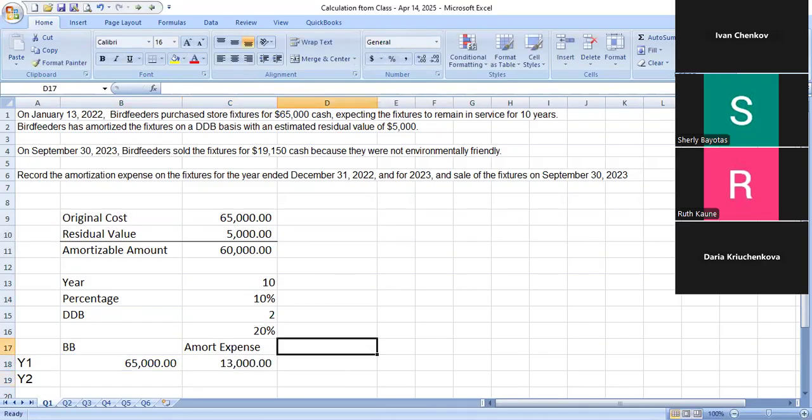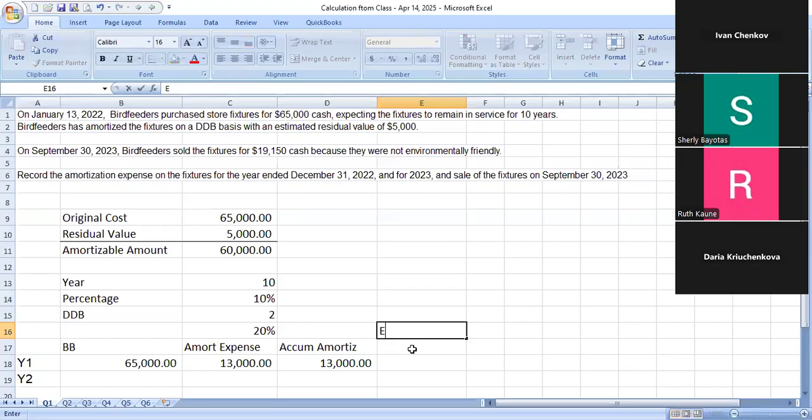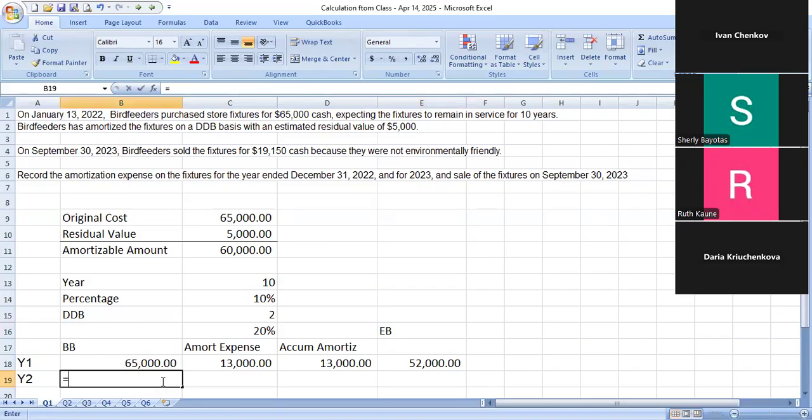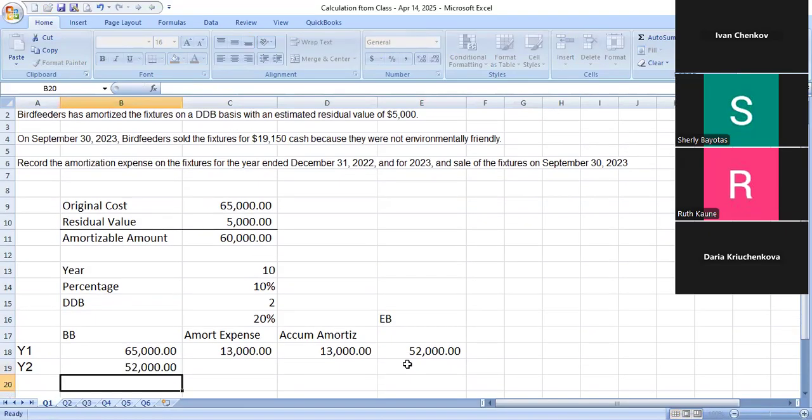And our accumulated amortization in this case will be only 13,000. And our ending balance will be the beginning balance minus the current amortization expense. So the second year, we're going to start with 52,000.